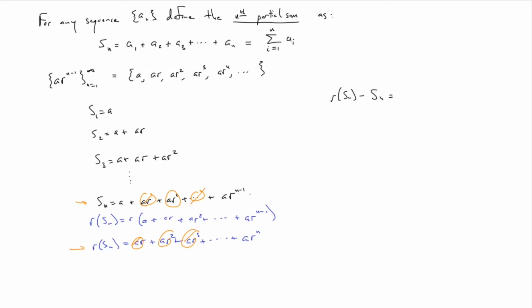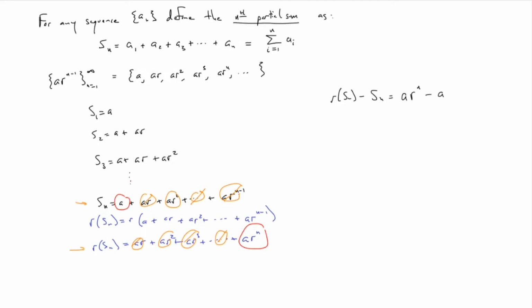And all the terms cancel except, well, there's an a times r to the n minus 1 somewhere over here that cancels with this a times r to the n minus 1, meaning when you subtract you get 0. And the only terms that you're left with are this one right here and this one right here. And since we're subtracting that top expression, s sub n, from the bottom one, r times s sub n, we get that their difference is a times r to the n minus a.